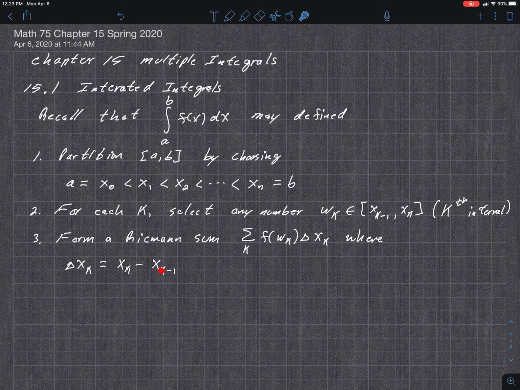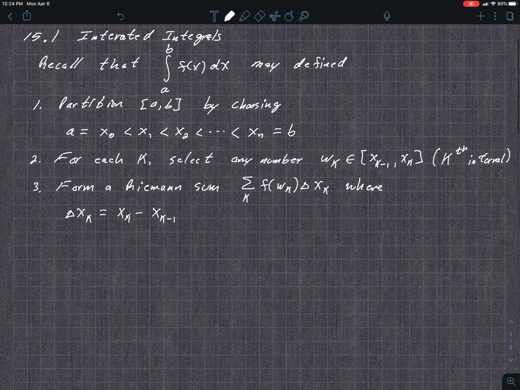If you do the next one minus the previous, you get a positive number. So that's what turns into your dx.